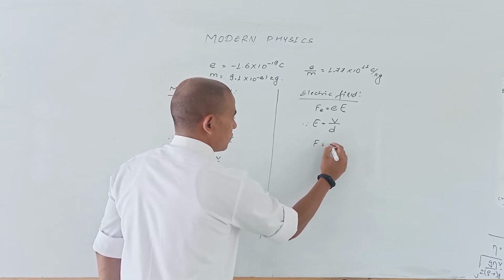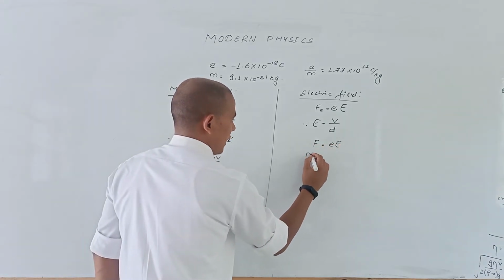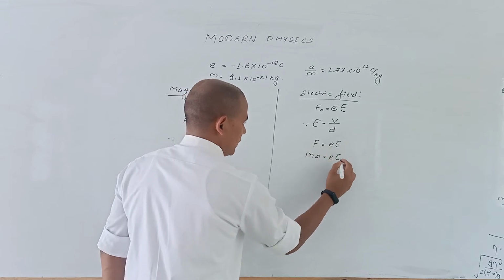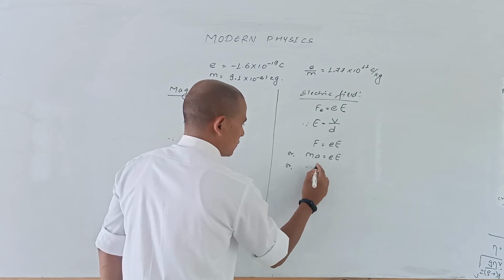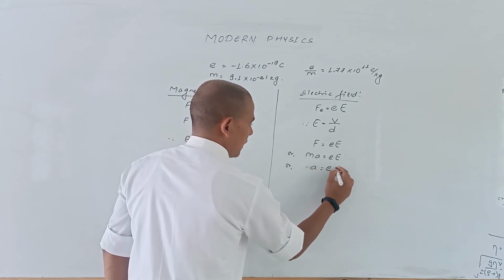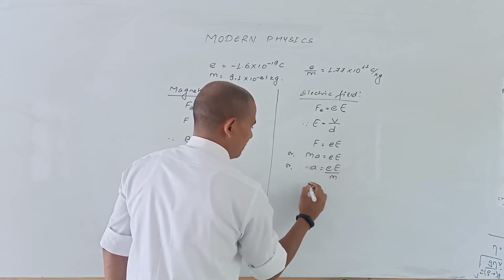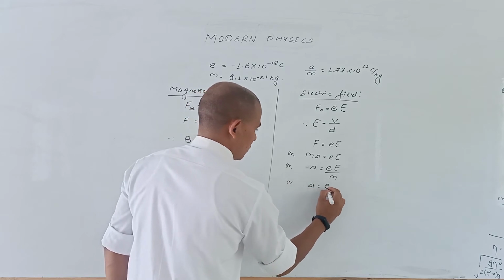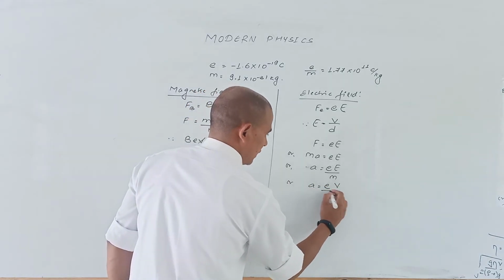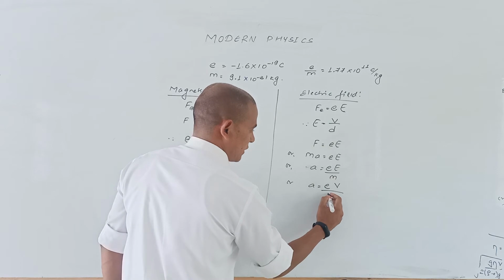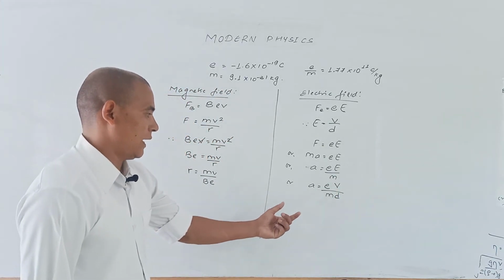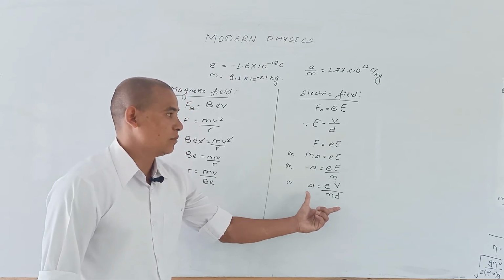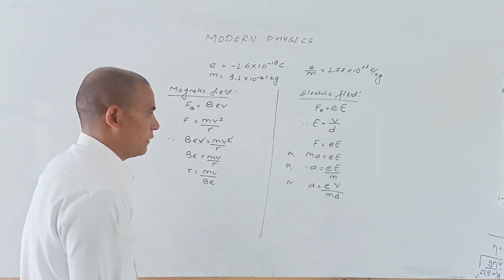F equals eE, and we can write ma equals eE, so a equals eE by m, or replacing the electric field intensity by V by d, a equals eV by md. This is the acceleration of an electron when it moves inside the electric field.